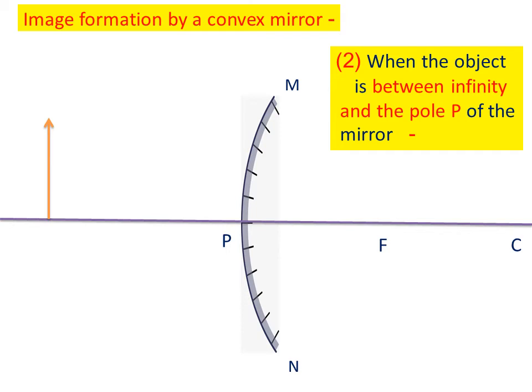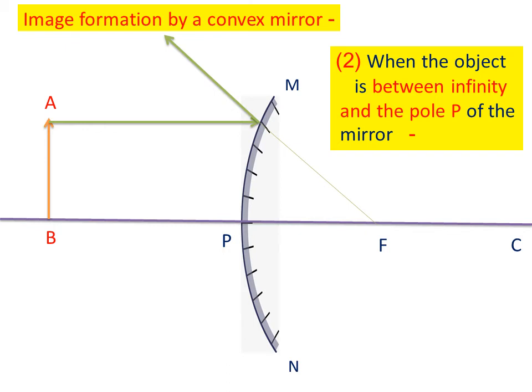First, a ray parallel to the principal axis: this is the incident ray, and this is the reflected ray. After reflection, it appears to diverge from the principal focus.